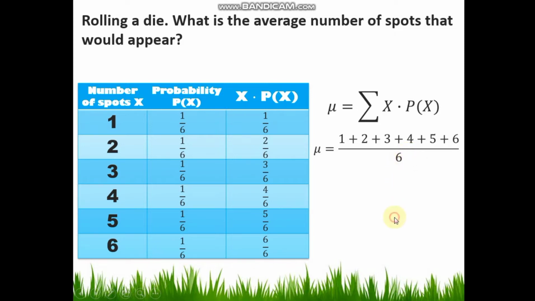Their sum is 21 over 6. If you divide 21 by 6, you'll get the mean that is equal to 3.5. That's the mean or the average number of spots that would appear in rolling a die. So that's how you apply the formula for the mean of a discrete probability distribution.